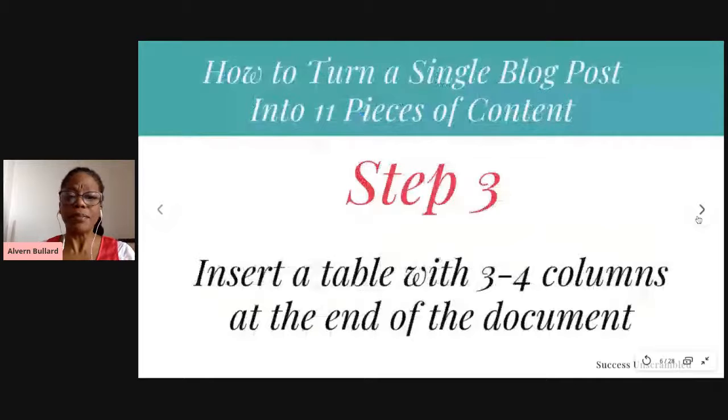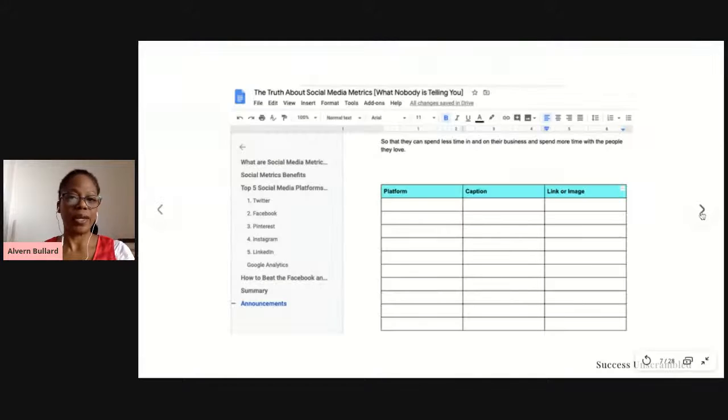In step 3, you insert a table with 3 to 4 columns at the end of that document, as shown here. So this particular one has 3 columns, but you can put 4, and you can even put 5 columns and spread it out as wide as possible. The first column is going to have your platform. The next one is going to be a caption or description. The third one will be a link or image.